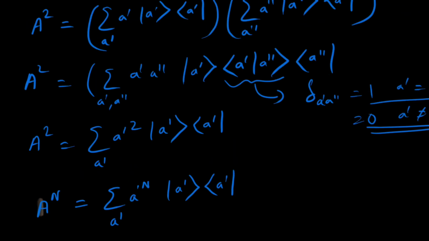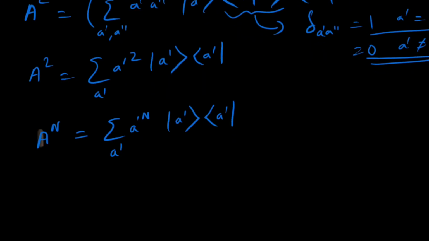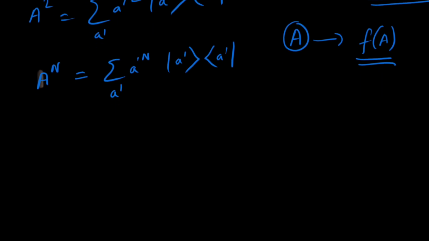We have this operator, right? So how would the operator f of A look like? So we know that if A acts on an eigenstate A prime, we get A prime and the ket of A prime.